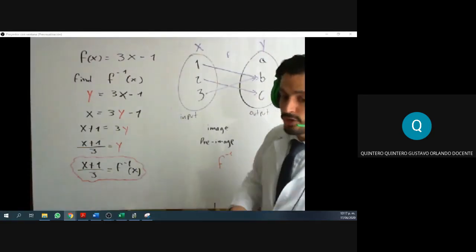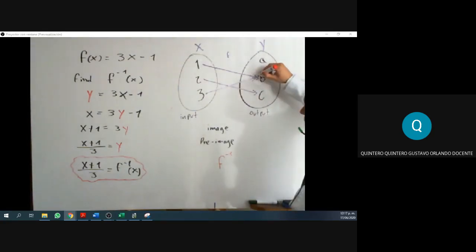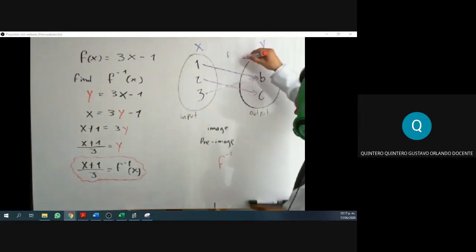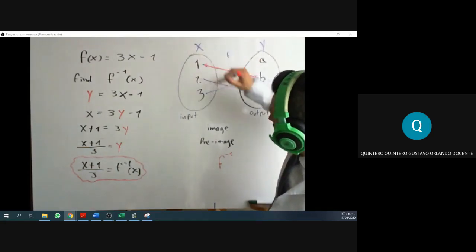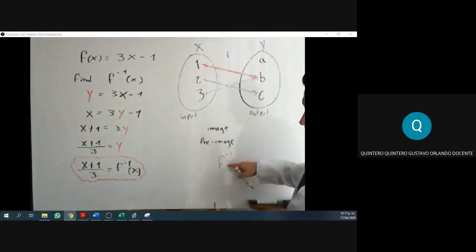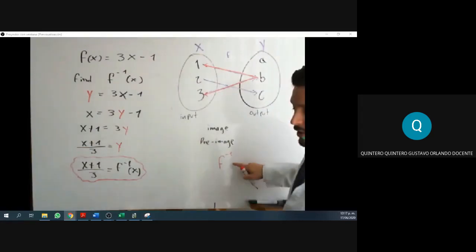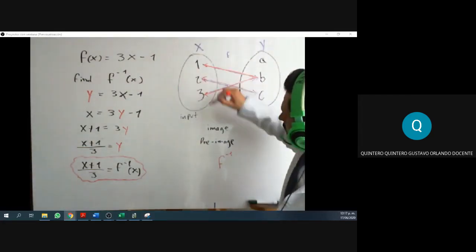Going backwards means if the line was from 1 to B, now, with purple I did F, and with red I'm going to do F to the negative 1. So this is part of the inverse, right? And this here is part of the inverse.